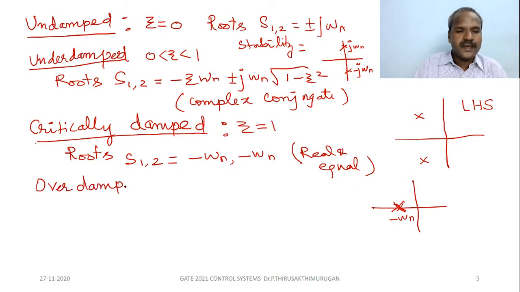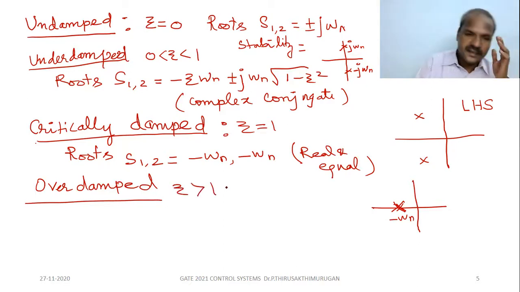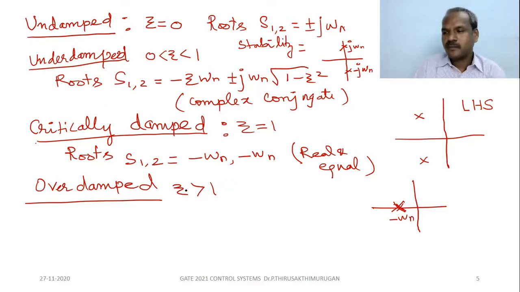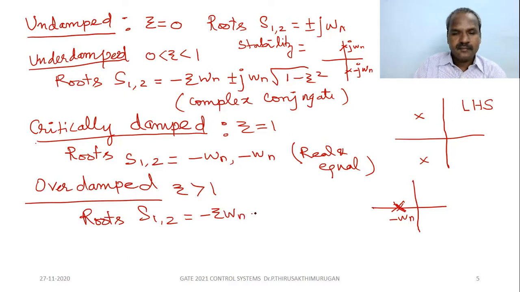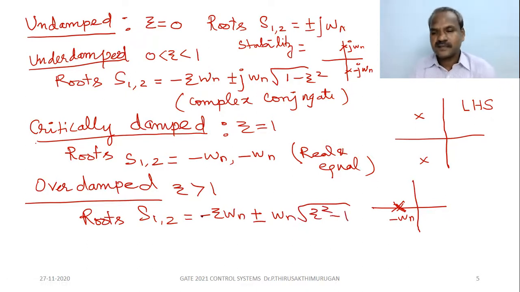Next is overdamped. What is overdamped? When zeta is greater than 1. So what are the roots of the characteristic equation? The roots of the system, S1,2 equal to minus zeta omega n plus or minus omega n square root of zeta square minus 1, not 1 minus zeta square.